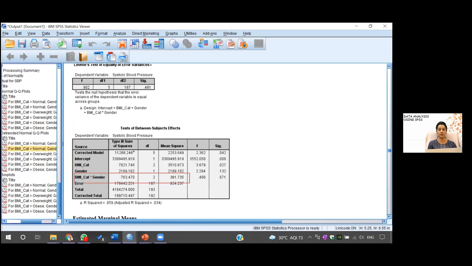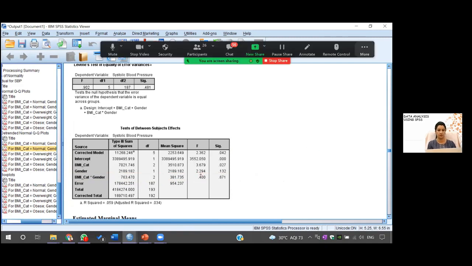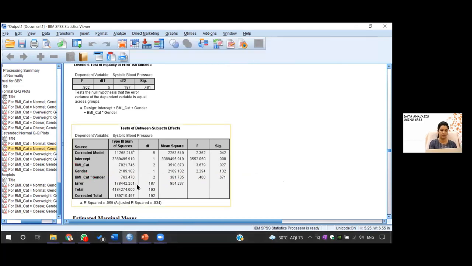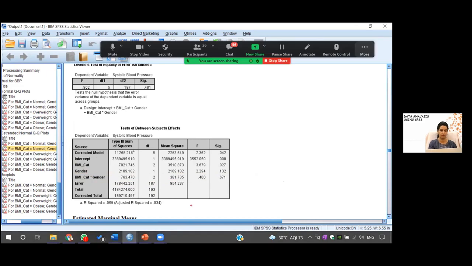So if you see here, it is showing you three values. Focus on these three first.